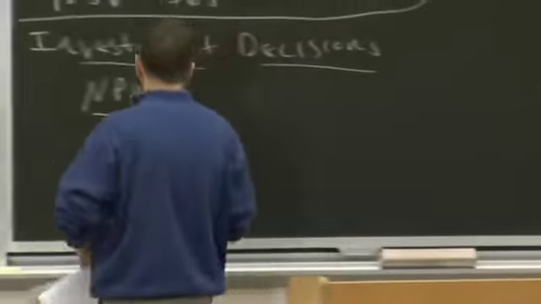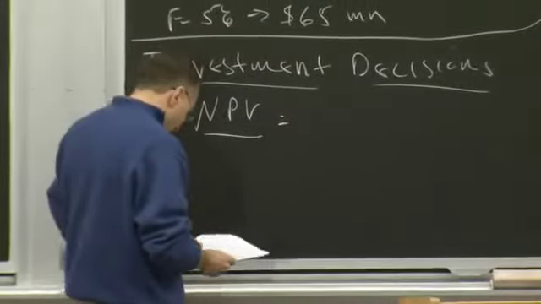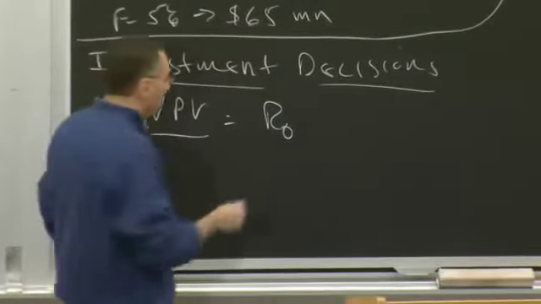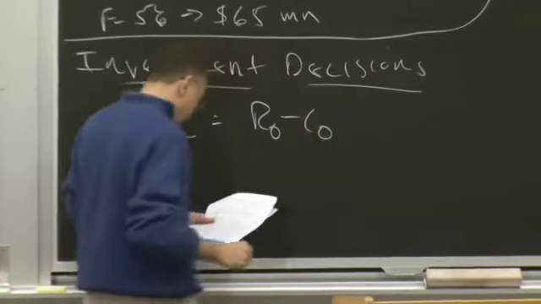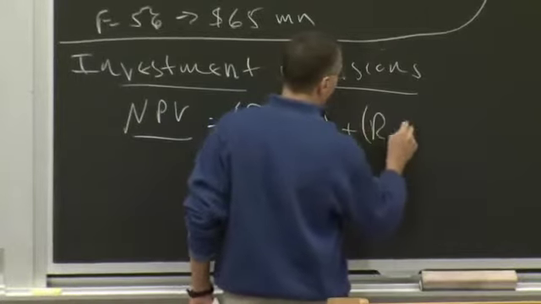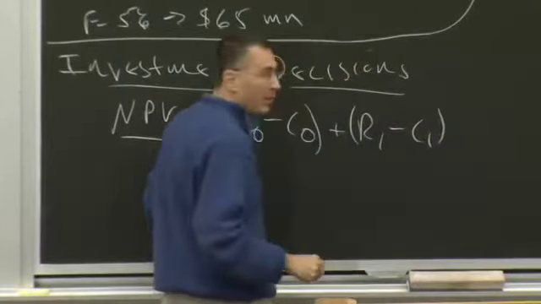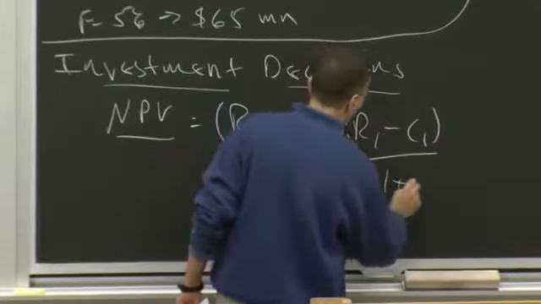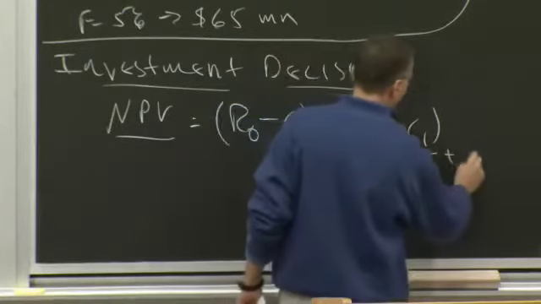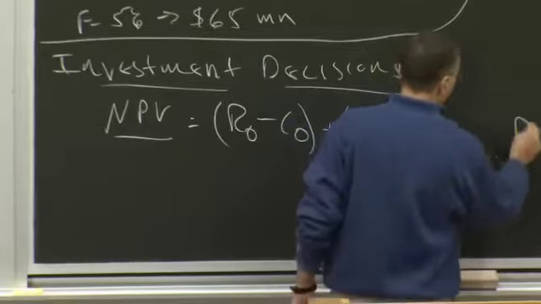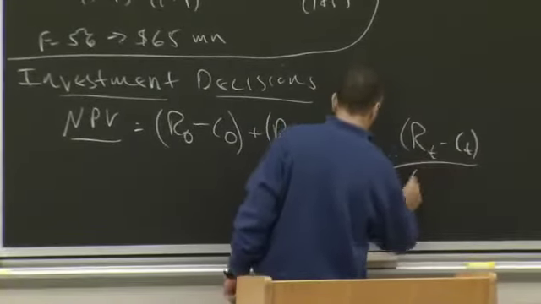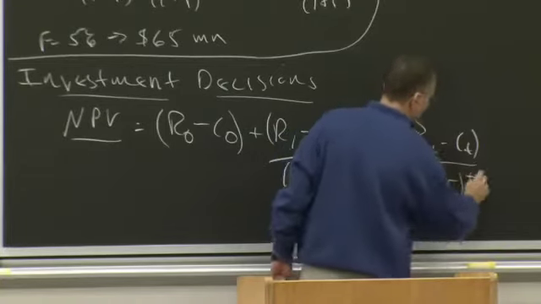So the net present value of any investment is going to be the revenues from that investment in period 0 minus the cost of that investment in period 0, plus the revenues in period 1 minus the cost in period 1, over 1 plus r, plus and so on, plus the revenues in year t minus the costs in year t, over 1 plus r to the t.